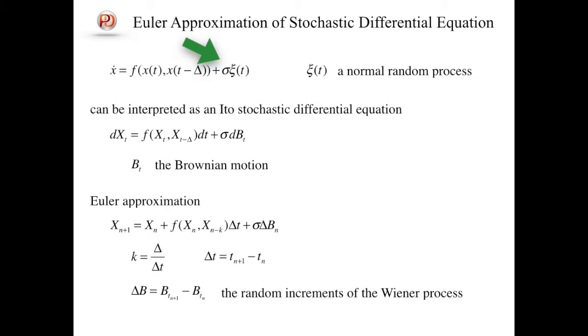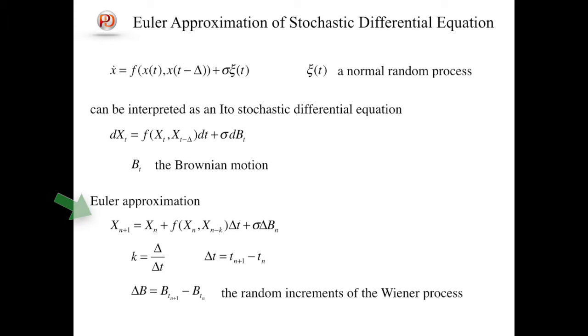Sigma is its intensity. In the form of Ito stochastic differential equation, the equation can be interpreted as the second equation, where bt represents the Brownian motion. The Euler approximation transforms the equation to the third one.